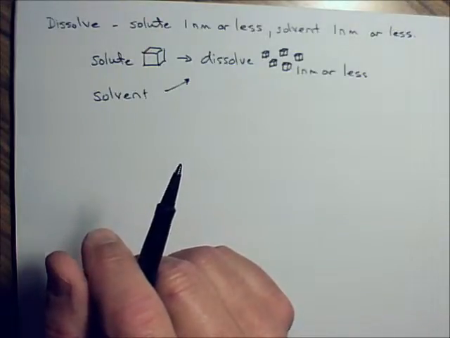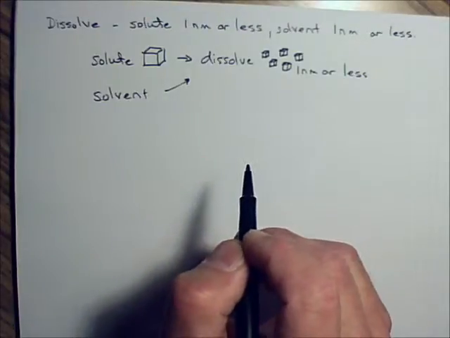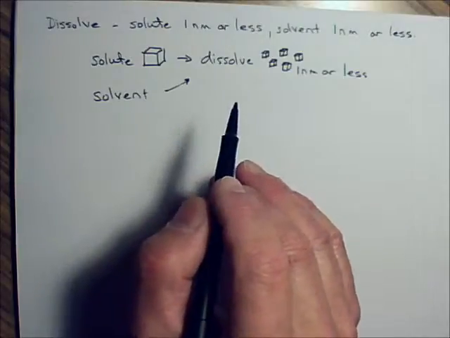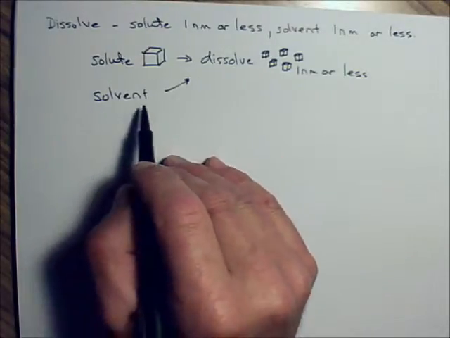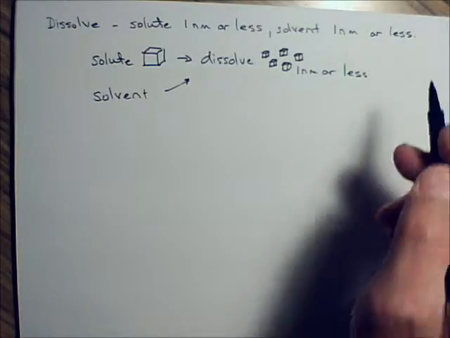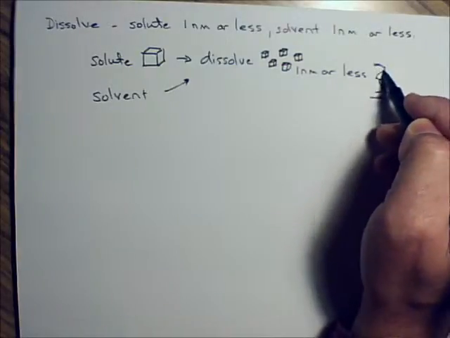Now for a chemist, this creates a solution. Whenever you have a solute dissolving down to the nanometer or smaller size, and the solvent surrounding it at a nanometer or smaller size, then you have a solution.